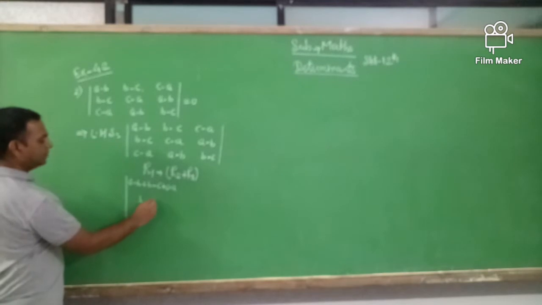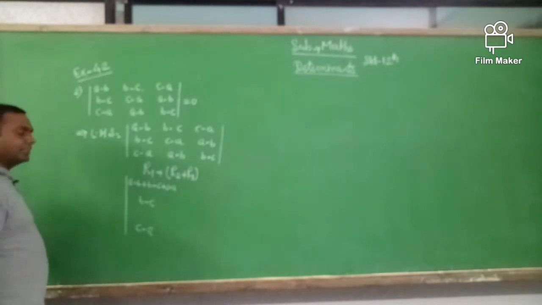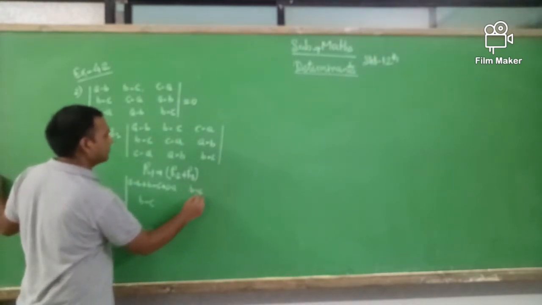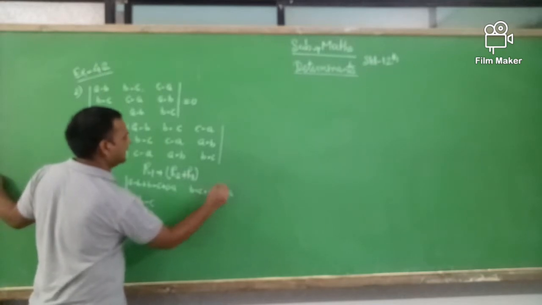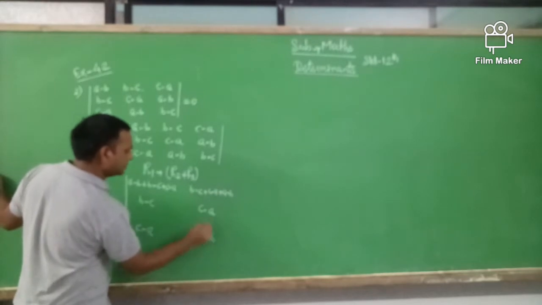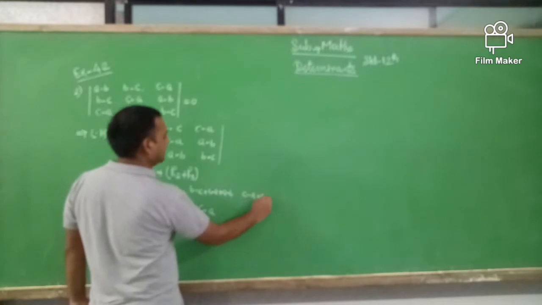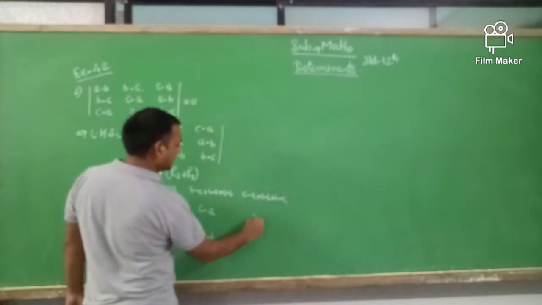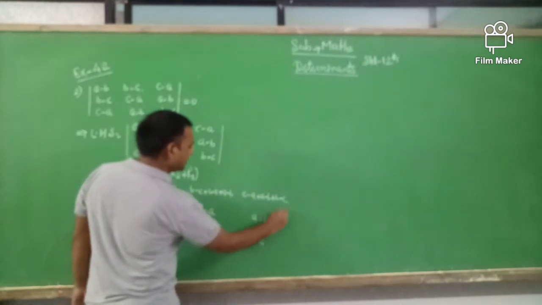The other elements have no change, so the next element is b minus c plus c minus a plus a minus b, and the next is c minus a plus a minus b plus b minus c.